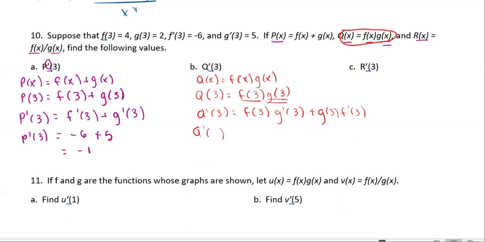F of 3, here it is, f of 3 equals 4. G prime of 3, right here, g prime of 3 is 5. G of 3, right here, g of 3 is 2. F prime of 3, here it is, f prime of 3 is negative 6. So simplifying down, 4 times 5 gives us 20. 2 times negative 6 is negative 12. 20 minus 12 gives us 8.